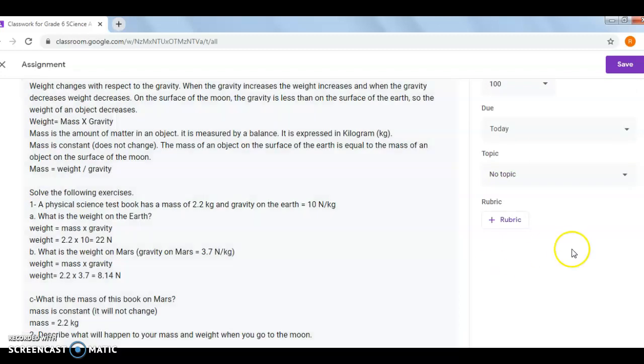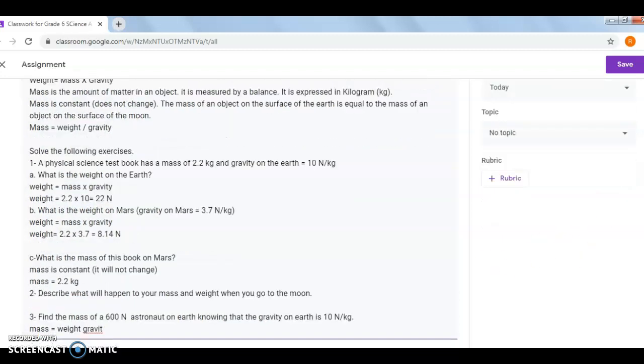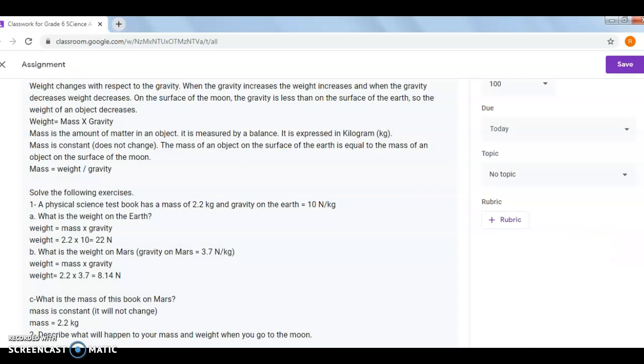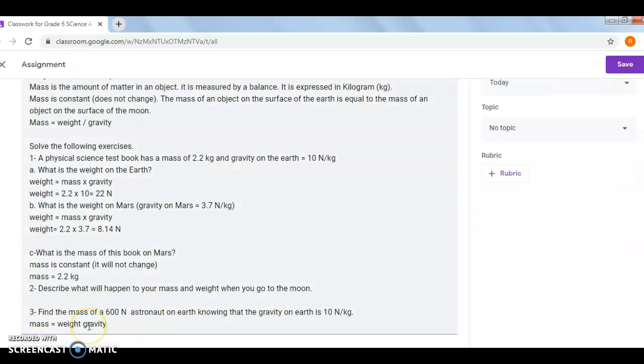Here we are talking about the mass, not the weight. So mass equals 600 divided by 10, mass equals 60 kilograms.